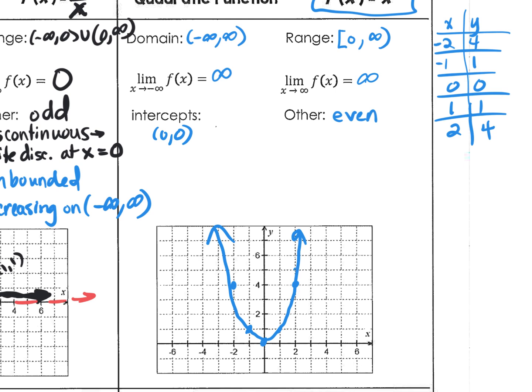Is it continuous? Yeah, good. Is it bounded? Be careful. Does it have a maximum or a minimum? It has a minimum, doesn't it? So it is bounded. It's bounded where? Below. Yeah, so it is bounded below.